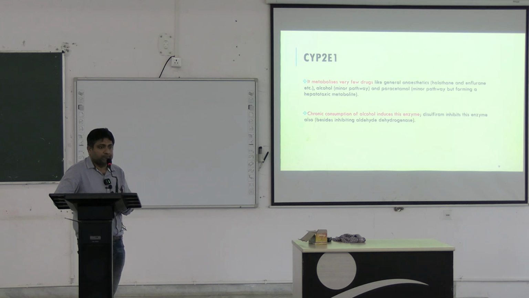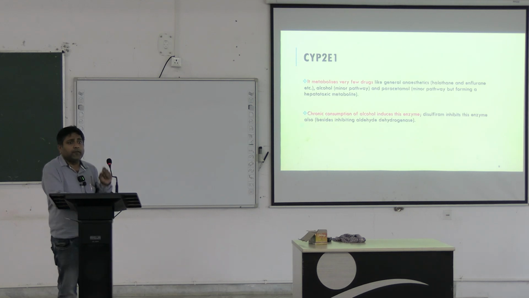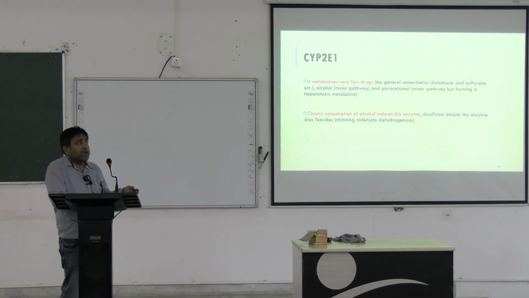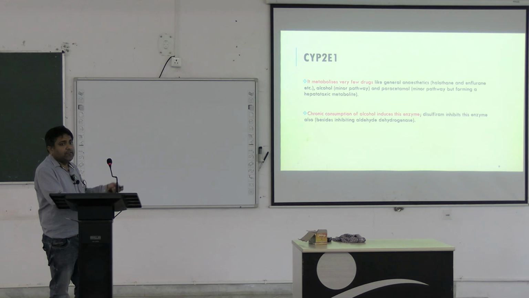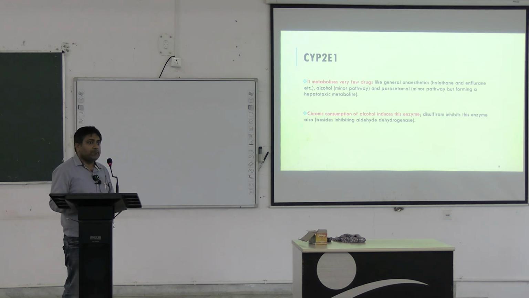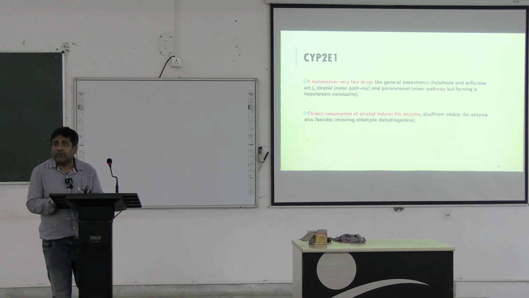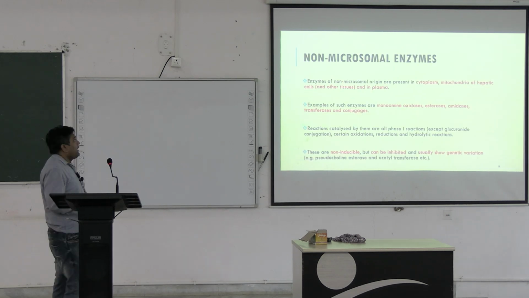A hepatotoxic metabolite is formed, that is NAPQI, N-acetyl-p-benzoquinone imine. That is the metabolite that is hepatotoxic. What happens? Chronic alcoholism induces the enzyme CYP2E1, so the enzyme becomes more active. So more paracetamol is metabolized, and more hepatotoxic metabolite is formed. So paracetamol in a chronic alcoholic patient can show hepatotoxicity.